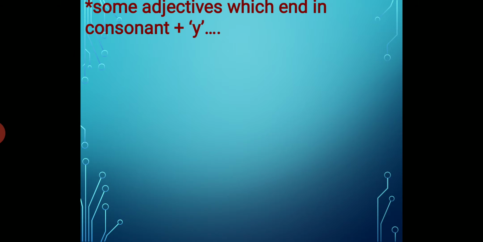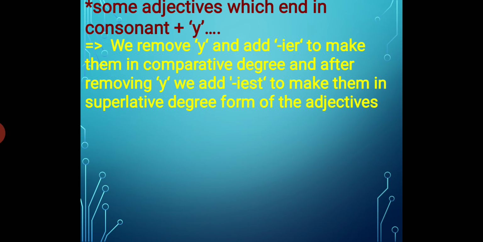The next rule of the formation. Some adjectives which end in consonant plus Y, means the last letter will be Y, and before Y, if there is a consonant, then what can we do? Let's see. We remove Y and add IER to make it in a comparative form and IEST to make them in a superlative degree form of the adjective.